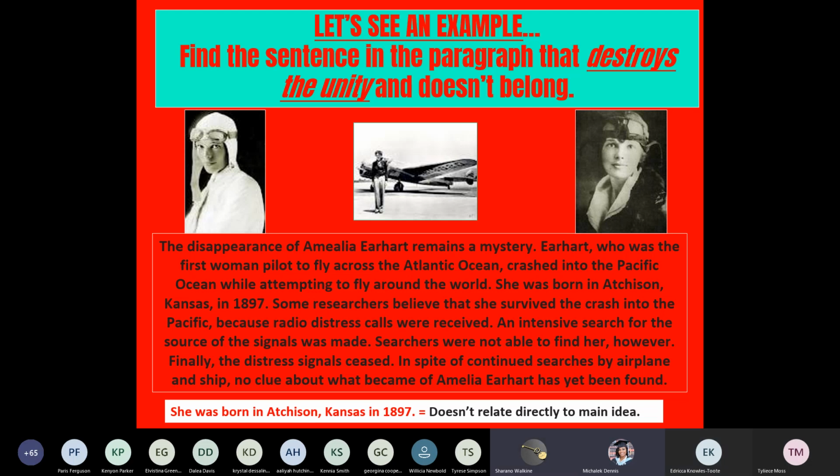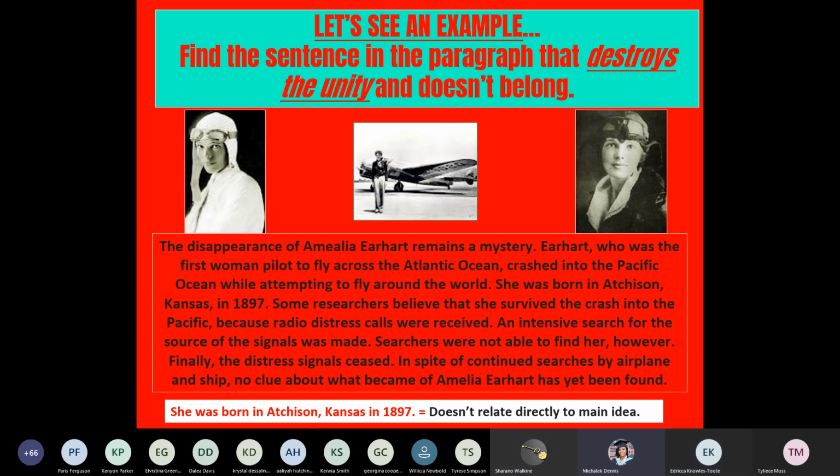An intensive search for the source of the signal was made. Searchers were not able to find her, however. Finally, the distress signals ceased. In spite of continued searches by airplane and ship, no clue about what became of Amelia Earhart has yet been found.